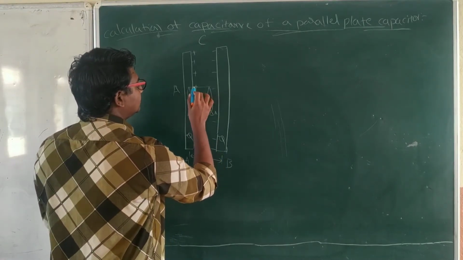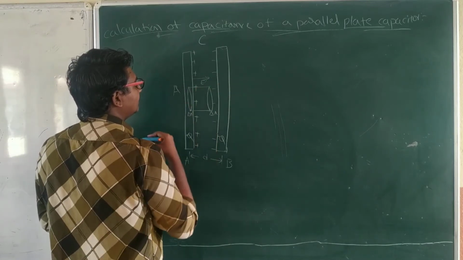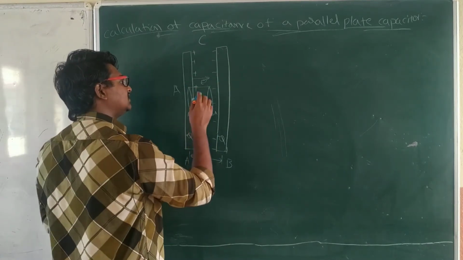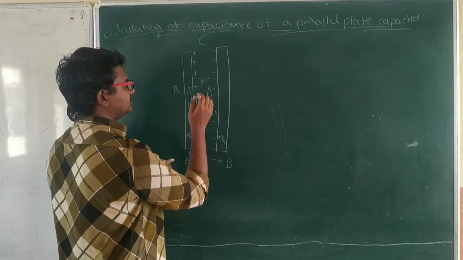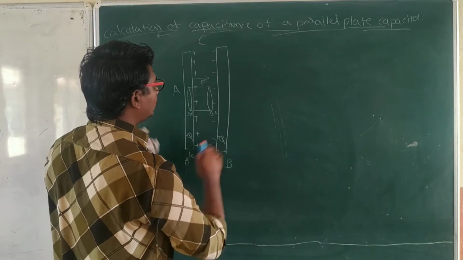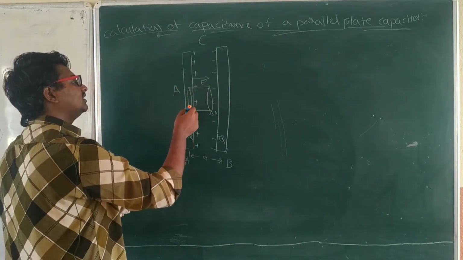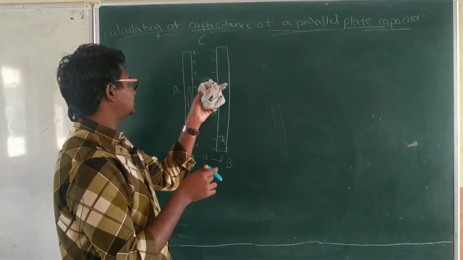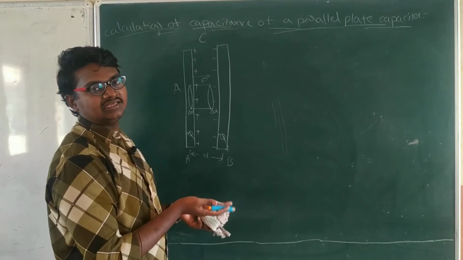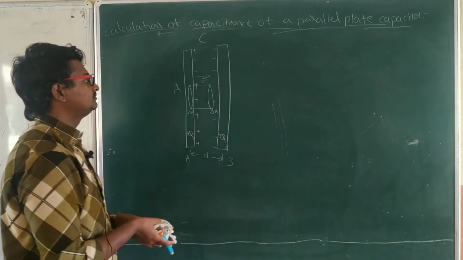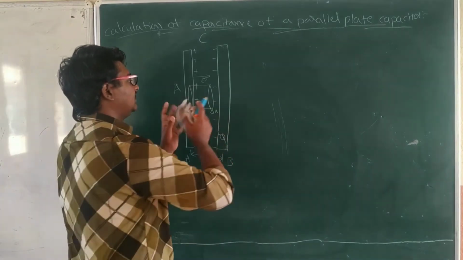Means if you see the electric field direction, that is in this manner. And the curved surface's area vector is in this direction, which is perpendicular to this particular board. And the angle between the area vector of this curved surface as well as the electric field is 90 degrees. If it is so, phi is equal to integral E·dS, we already know.